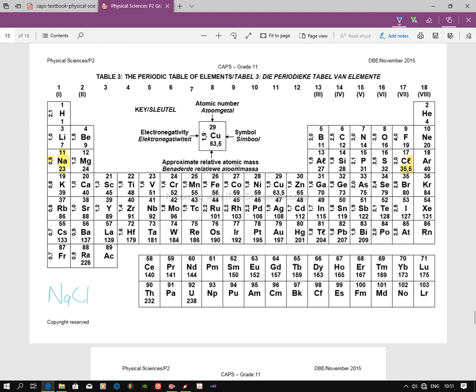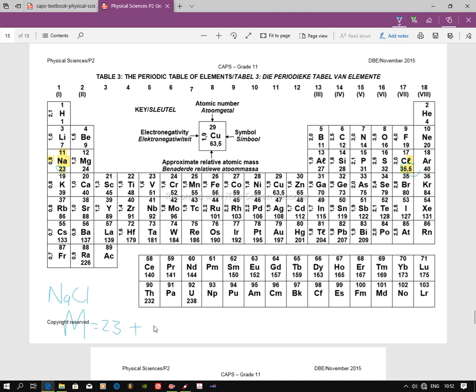We will take the atomic mass of each element here. For sodium it is 23, as you can see right over here, and for chlorine it is 35. This is the big M, the molar mass. Understand? Use the atomic mass there.